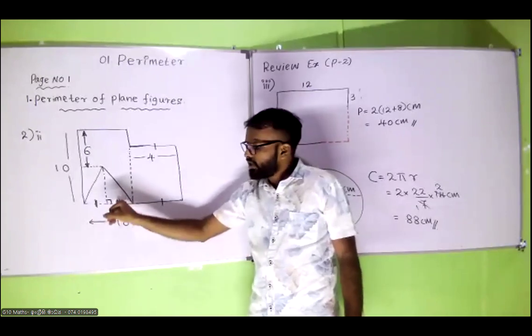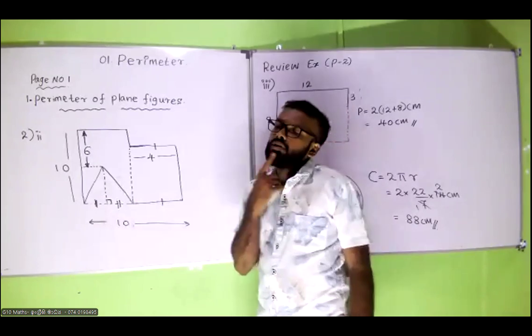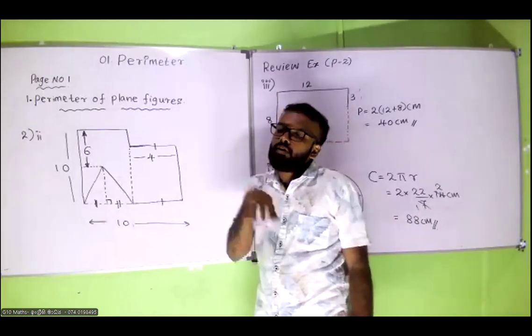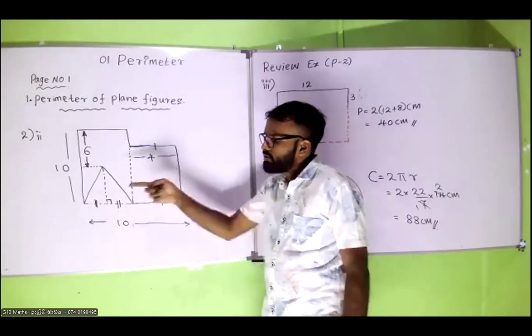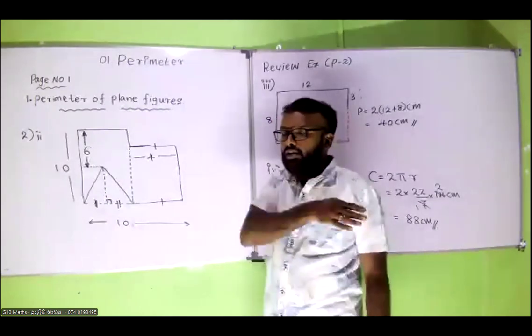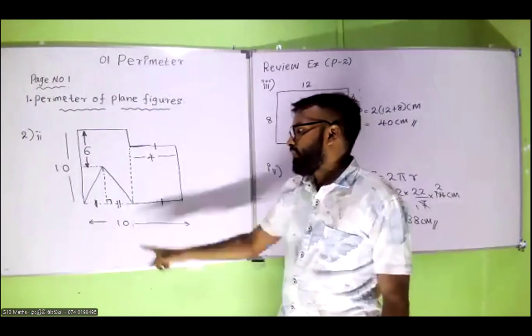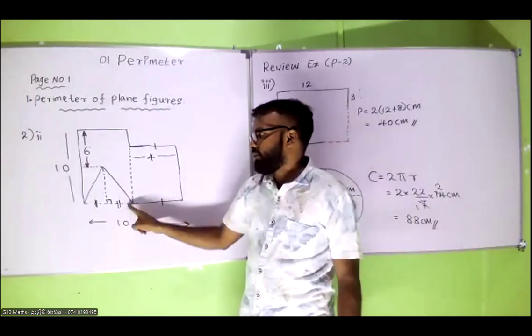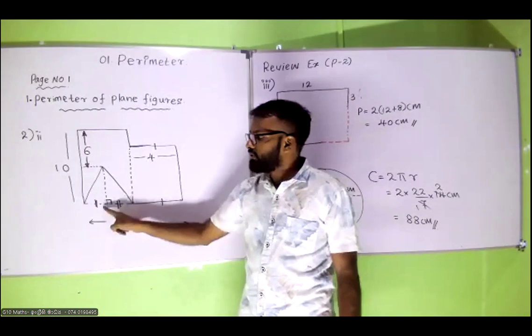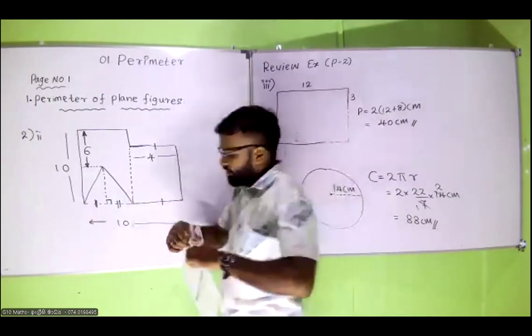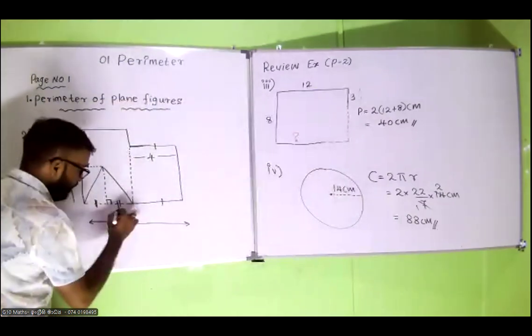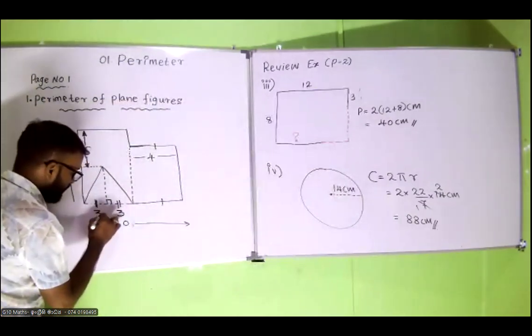They have also given that this length equals this length, which means the 6 centimeters is divided into 2 equal parts. So this length is 3 centimeters and this length is 3 centimeters.